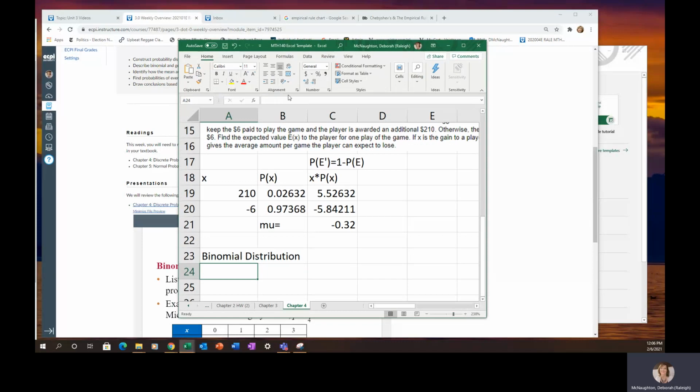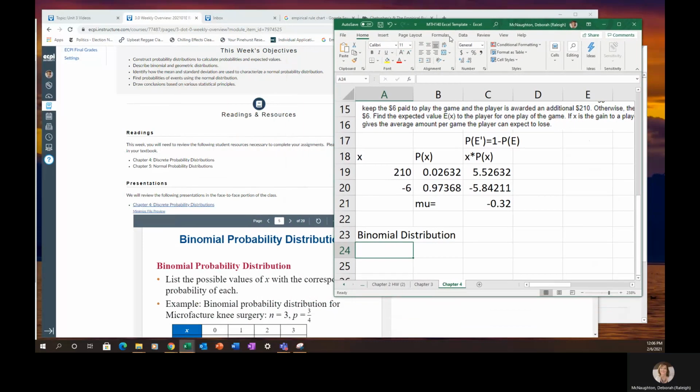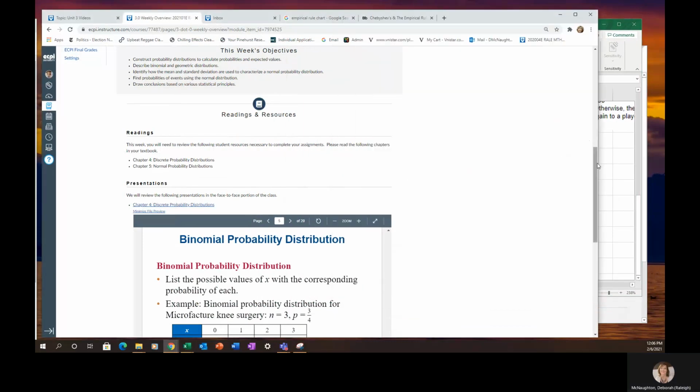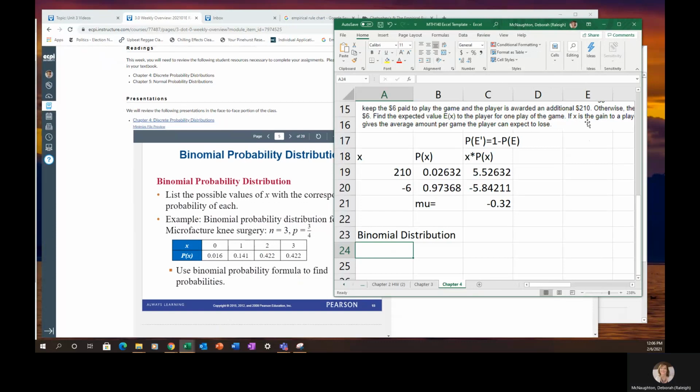Okay, so I'm going to start with their example. So they had n equals 3 and p equals 3/4. Okay, so let's first create our table.